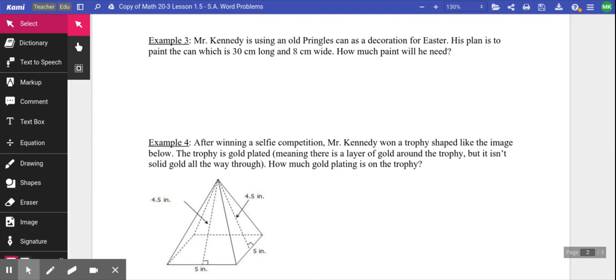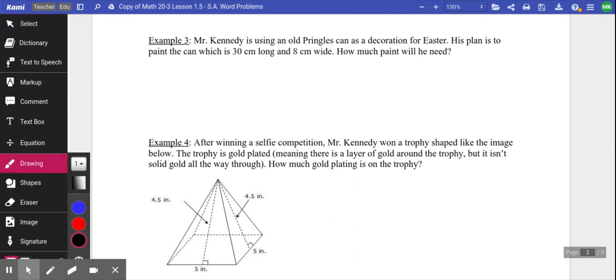Okay, drawing a cylinder. Two circles and two lines. So do a circle, do another circle, and then connect the outsides. Cylinderish, I think you're good. You should connect the top of the circle to the bottom of the circle.